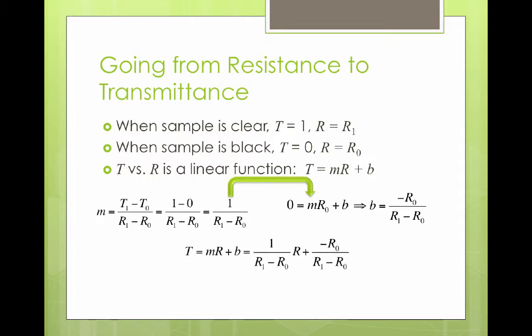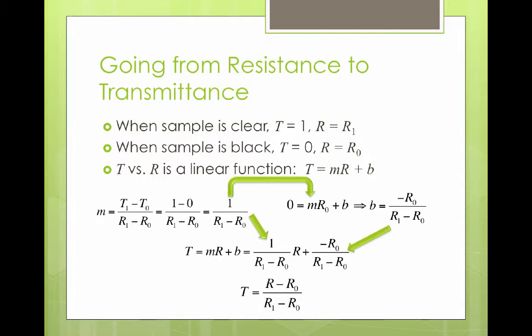Now we can plug that all back into our equation for T, now that we have known values of slope and intercept. There's our slope that we calculated before, and our intercept that we plugged in. Now we see that the denominator is the same on each of those fractions, so we can rearrange.